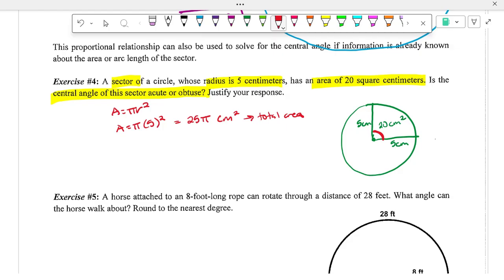So I'm going to do 20 over 25 pi because that's the fraction that I have of the area. If I simplify that, it would just be 4/5 pi. I'll just leave it like that. So this is my fraction of the area.